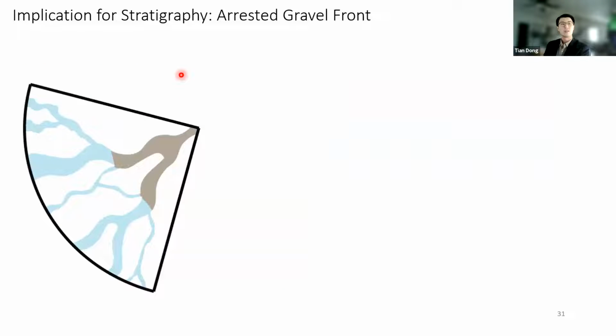Another one is the arrested gravel front. Here I'm showing a schematic of the Selenga Delta, and from my earlier part of the talk, I showed that gravel terminates at some point downstream, shown by this gray area. However, the gravel inflow is time continuous. So this gravel front must prograde downstream over time.